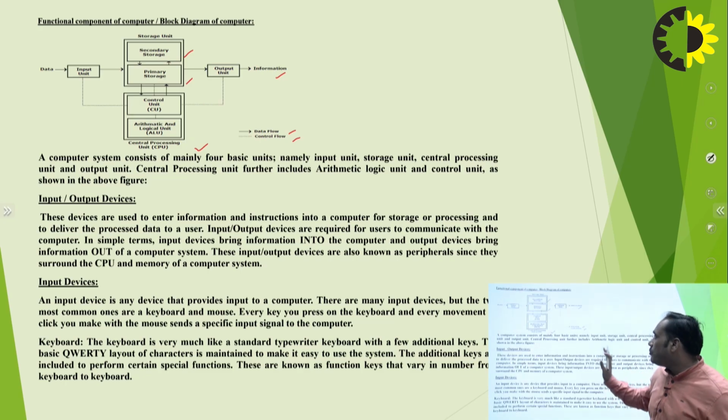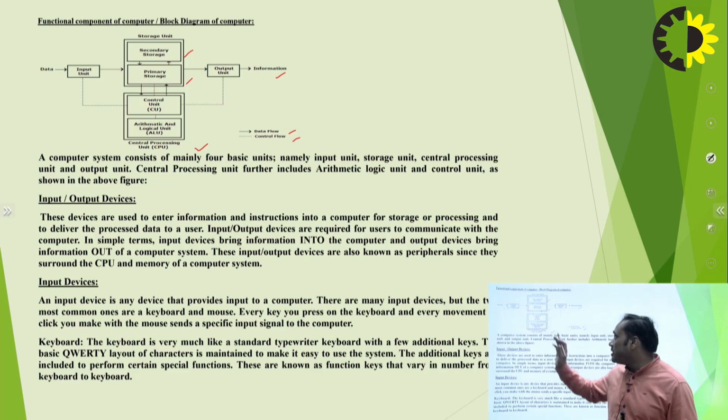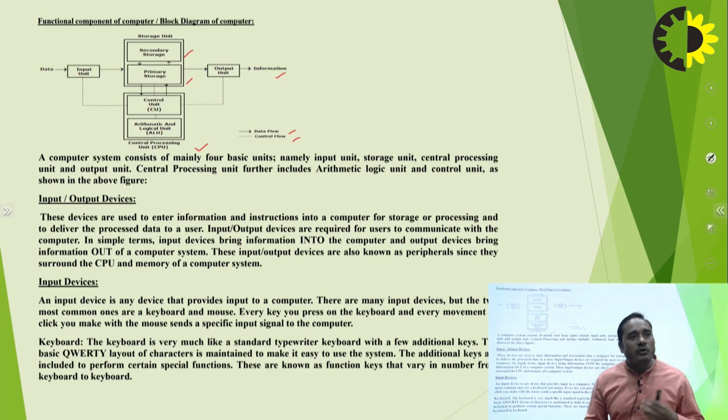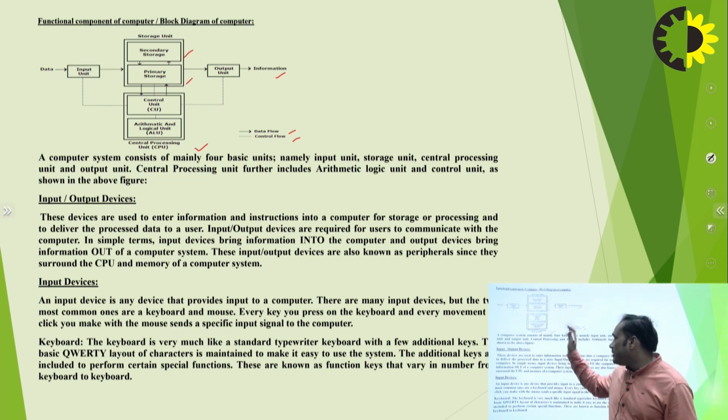Data flow, shown by the bold arrow, is the process by the machine: you give the input data, it is processed, and you get the output. What happens in between is shown by the control flow diagram, the dotted lines. So these are the basic operations.